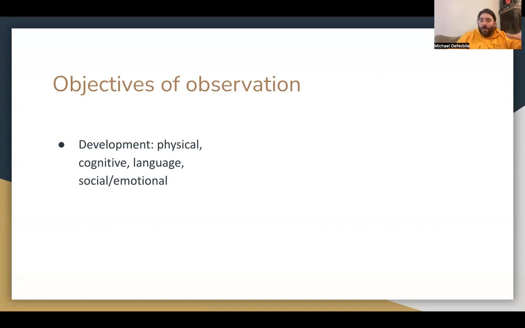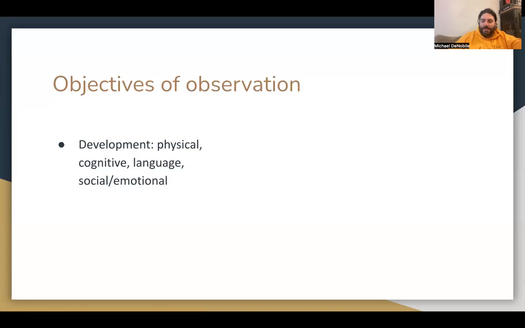So again, the whole point of this is simply to say that observation is regardless of grade level. In college, it's the same thing. I've taught a handful of college classes, and I'd be giving a lecture on research, and all of a sudden the students are freaking out, like, what the heck are you talking about? And I need to pivot. And that's what observations allow us to do.